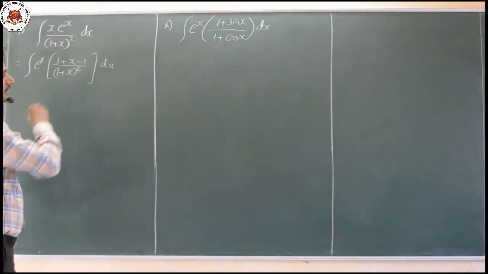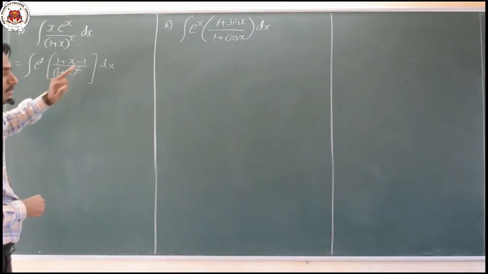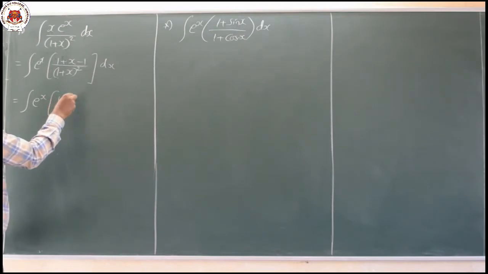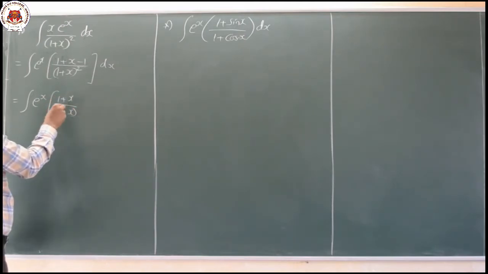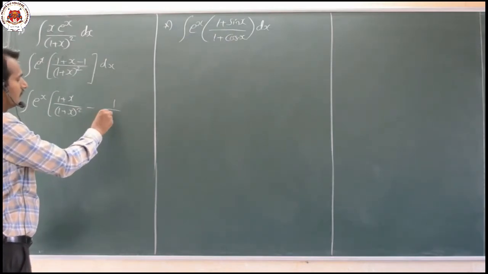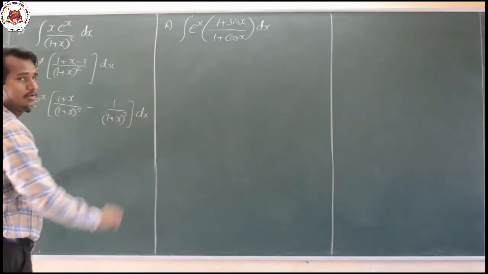That means 1 plus x divided by 1 plus x whole square, which is equal to e raised to x into (1 plus x divided by 1 plus x whole square minus 1 divided by 1 plus x whole square) dx.